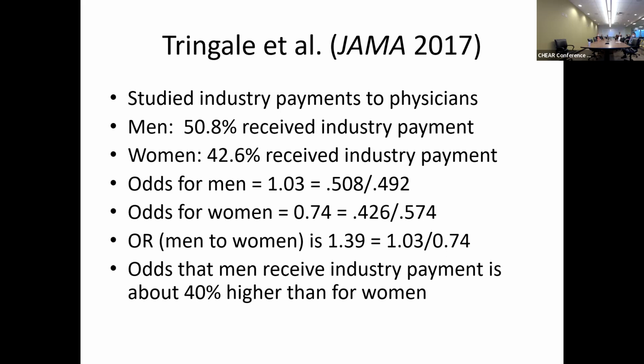The odds ratio, men compared to women, is the ratio of those two numbers. So it's about 1.4. You could also do odds ratio of women to men, other groups. But this says that the odds that men receive industry payment is about 40% higher for men than for women. Okay. All right, next slide.